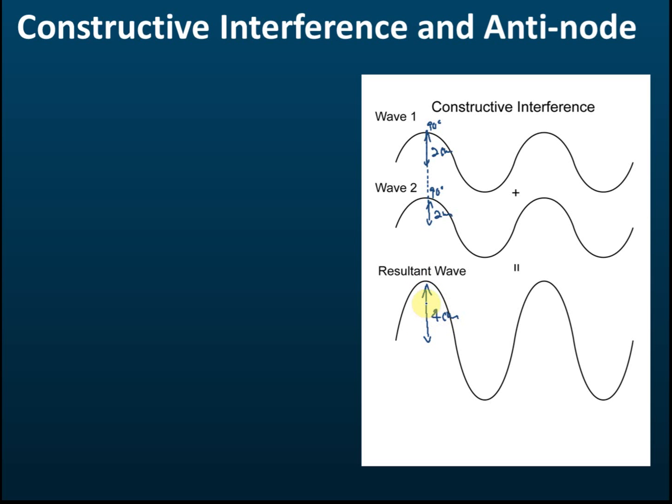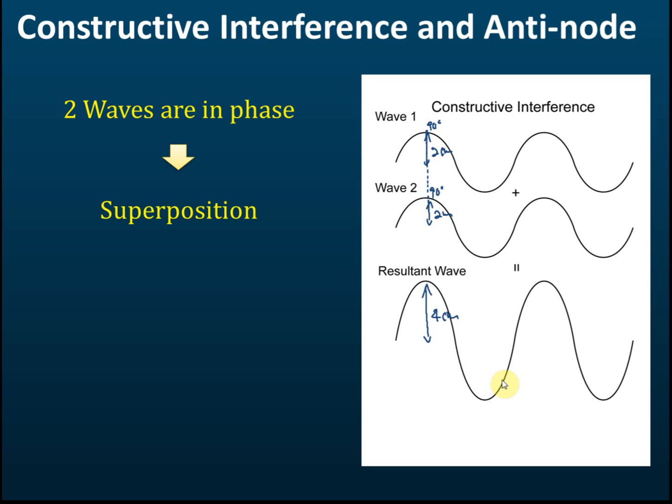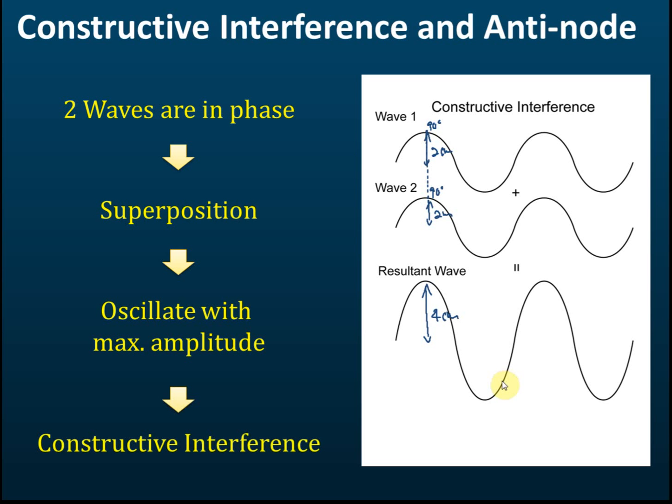So from here we can see that if two waves which are in phase superpose with each other, they will produce a wave which oscillates with a very high amplitude, and we call this constructive interference. So in conclusion, if two waves are in phase and superpose with each other, the resultant wave will oscillate with maximum amplitude, and this is called constructive interference.